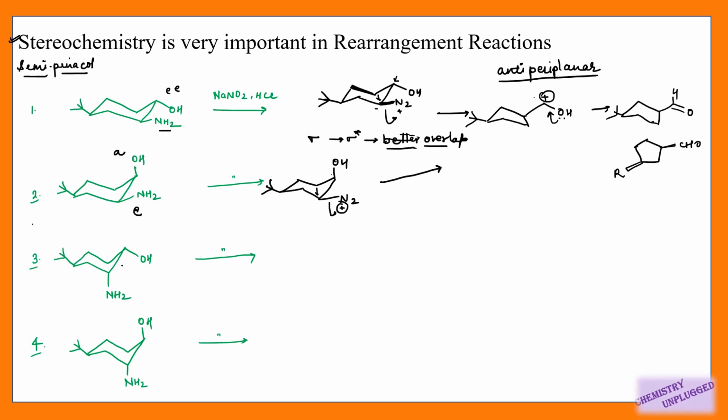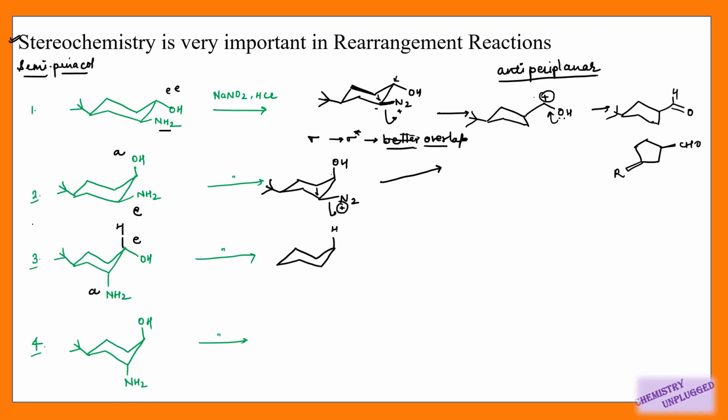In the next case, we have this NH2 placed axially and this one equatorially. We need a migrating group which is anti-periplanar to this carbon-nitrogen bond, and in this case this bond cannot be anti-periplanar to it. So the only possibility is the hydrogen here, which can migrate.